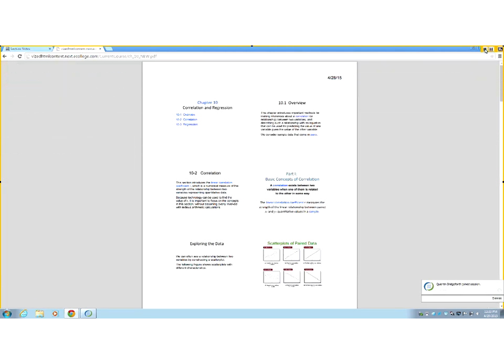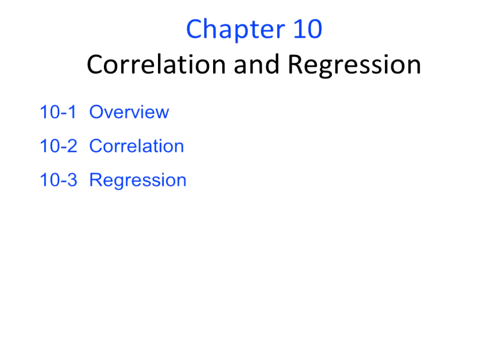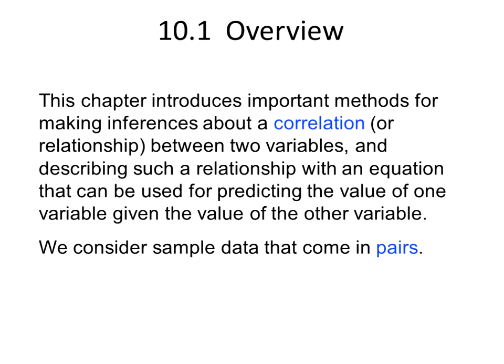All right, so let's go ahead and get started. Today we are looking at correlation and regression. We're going to be exploring the relationship between two variables. Now we're only focusing on the linear relationship. When I talk about a relationship, that is known as a correlation.